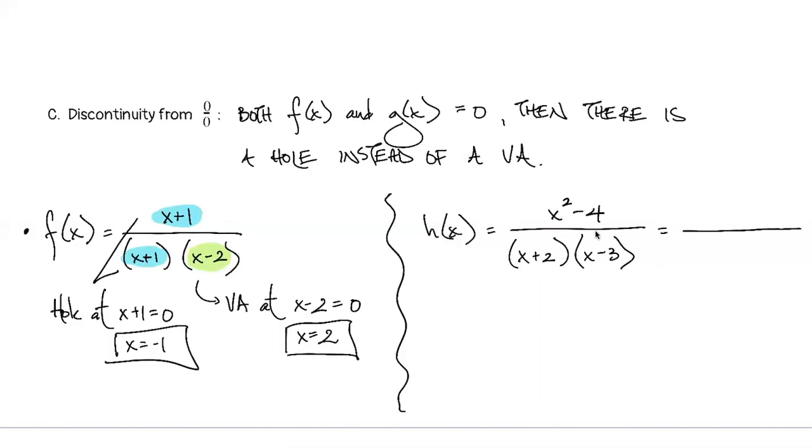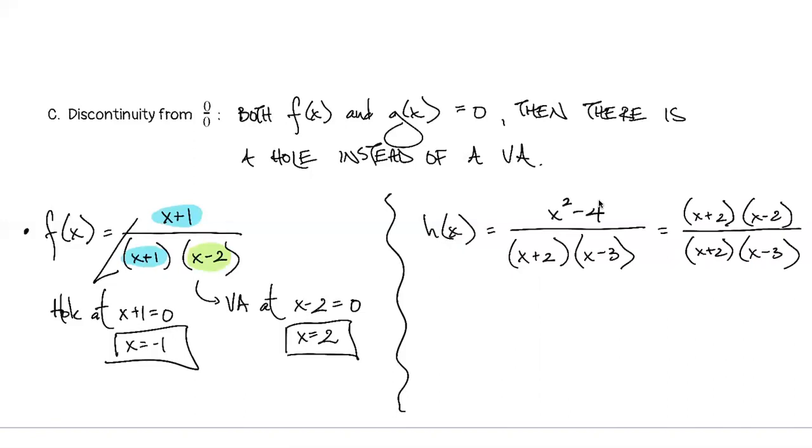You factored the numerator. So if we factor the numerator, we get x plus 2 times x minus 2, and on the bottom, we have x plus 2 times x minus 3.